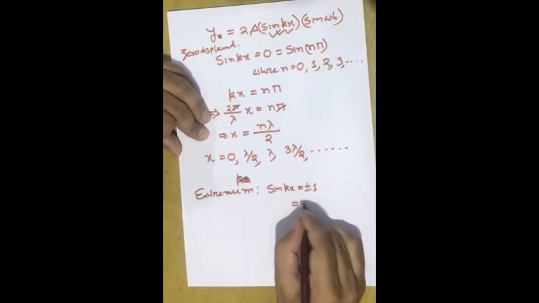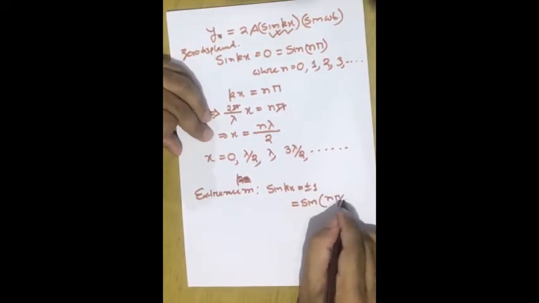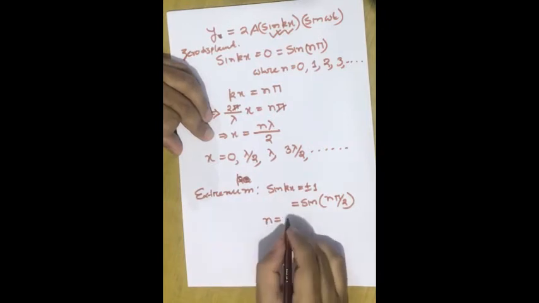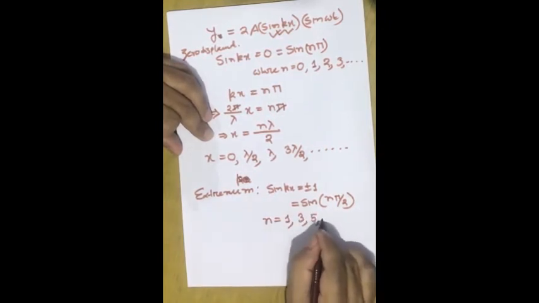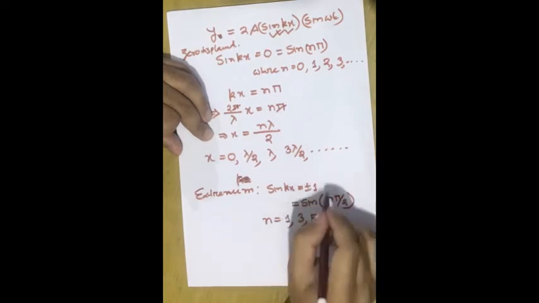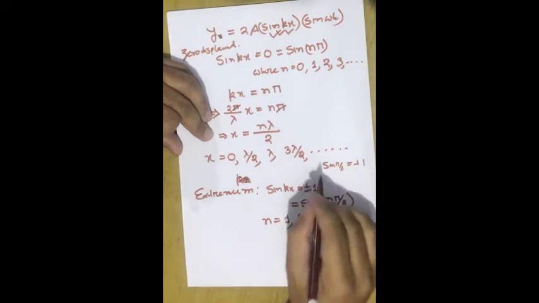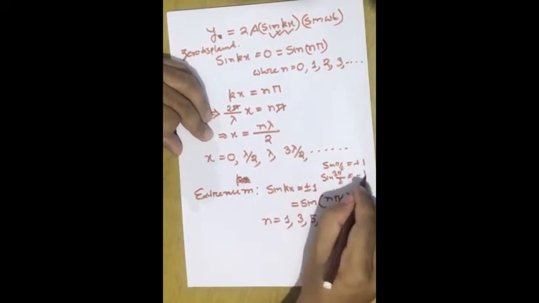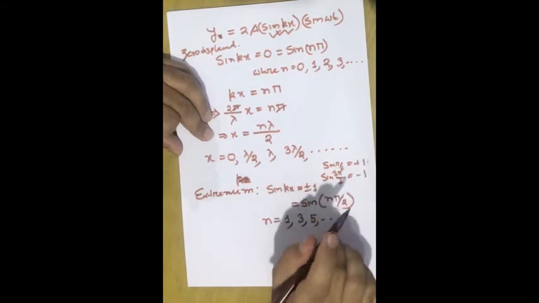So that value, we know, will be equal to n pi over 2, where n is equal to 1, 3, 5, and so on. Because you see, when n is equal to 1, sine pi by 2 is equal to +1. Okay, when n is equal to 3, sine 3 pi by 2 is equal to -1. So this is maximum, this is minimum. So these are the positions of the extremum.